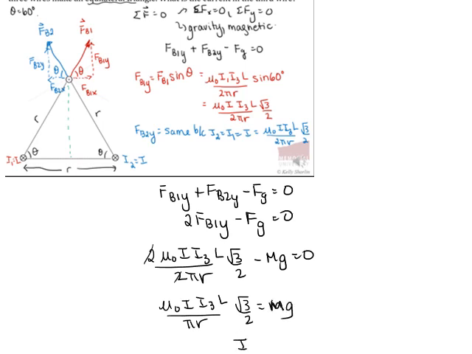And we'll solve for our I3. I3 is equal to mg times pi r divided by mu naught times I times L times 2 over root 3. Okay, there's the current in that top wire, which will make that top wire float above the ground.